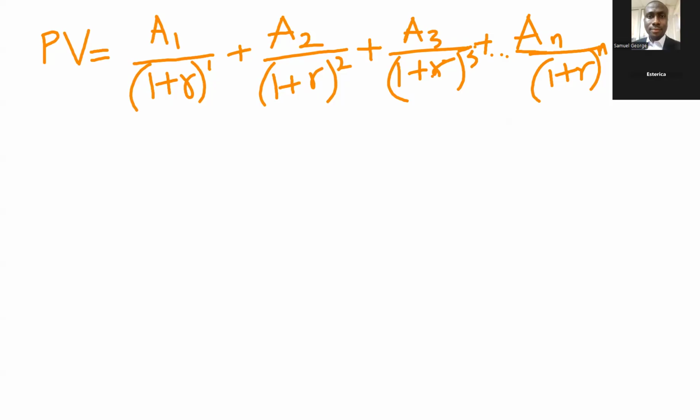So that 887 we calculated, if we do it this way, we'll still get the same answer. It's just that we'll be doing A1, A2, A3, A4, A5 to A10. That's too long. So the shortcut to get it done is to do it the way we did and get the 887.